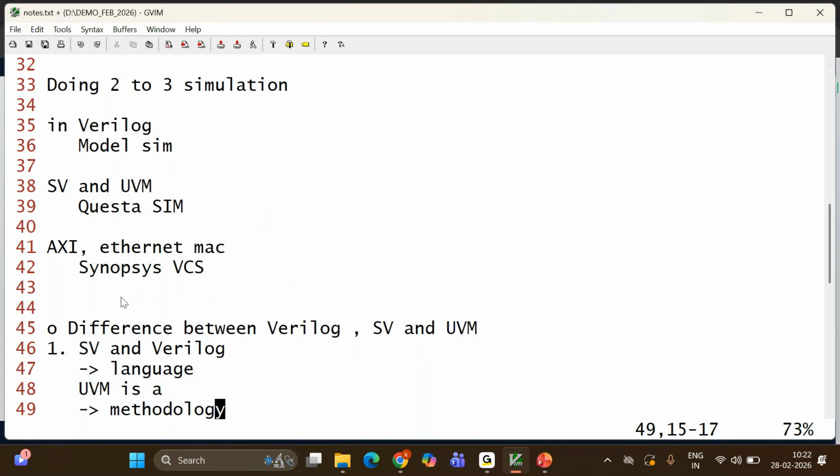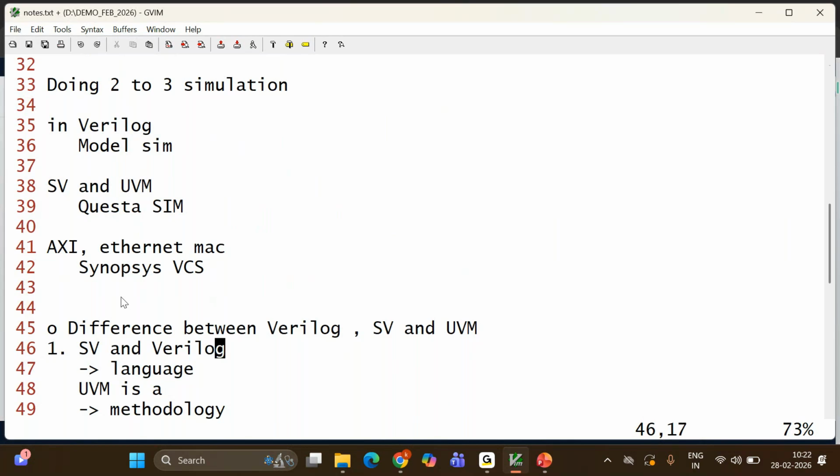Where Python, it has a lot of methods, right? You might have come across Python in your engineering background or in your earlier subjects, right? Python is like a what? It's like methods. It has only methods. Python, yes or no?